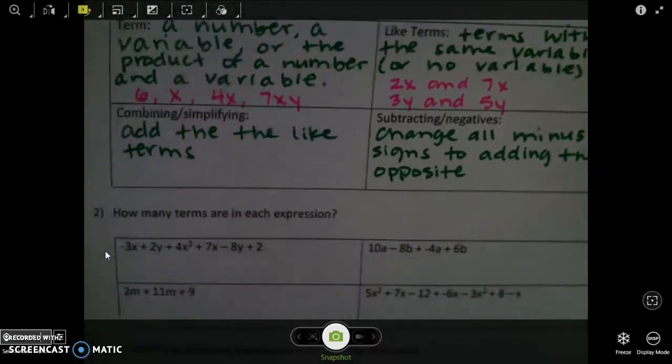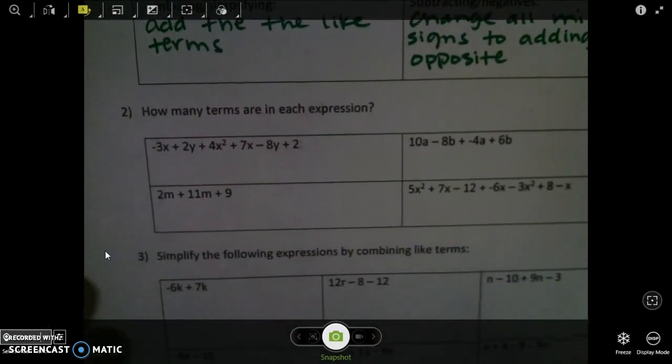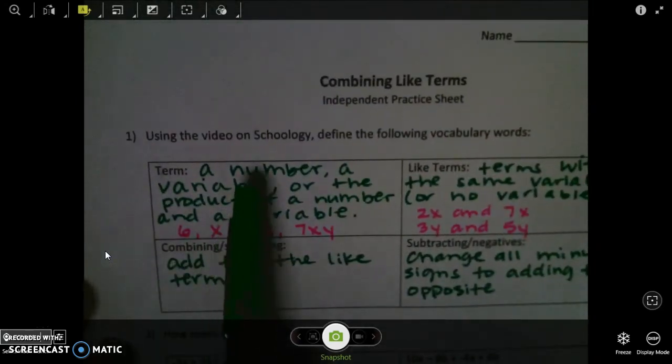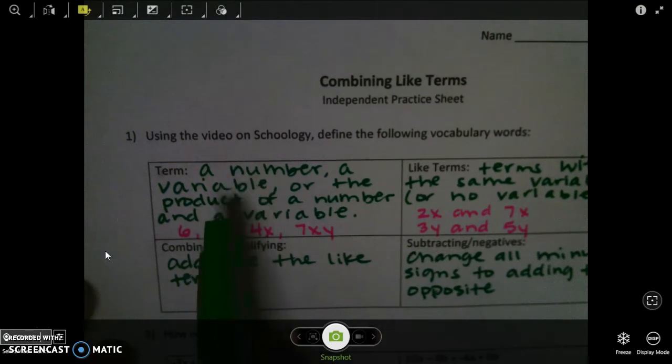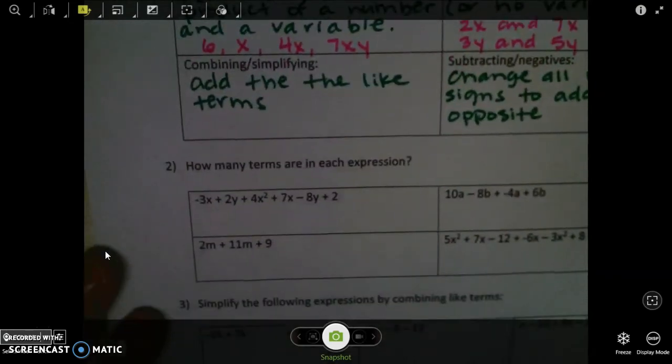Okay, number 2, or part 2, it says how many terms are in each expression. So we are going back to this first definition. We're looking for numbers, variables, or products of numbers and variables, and we're just going to circle them.